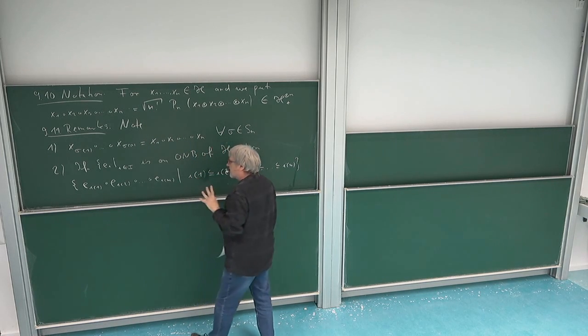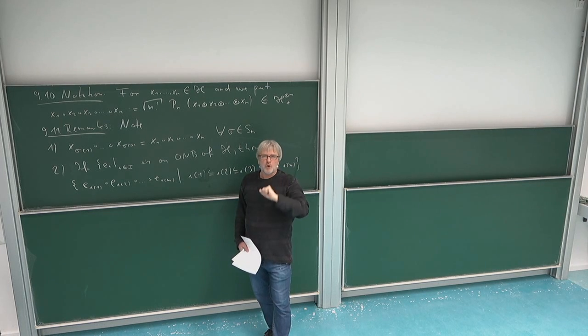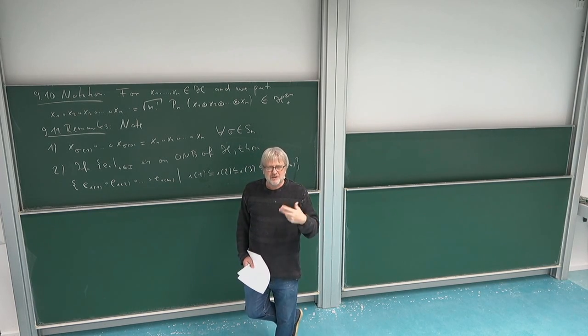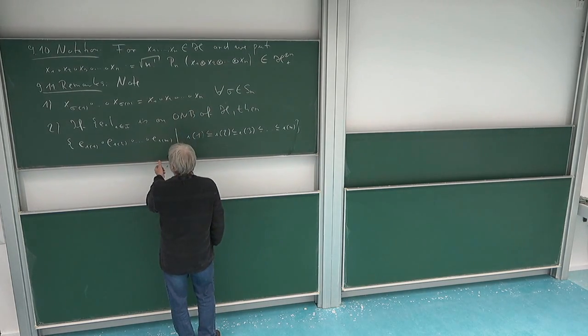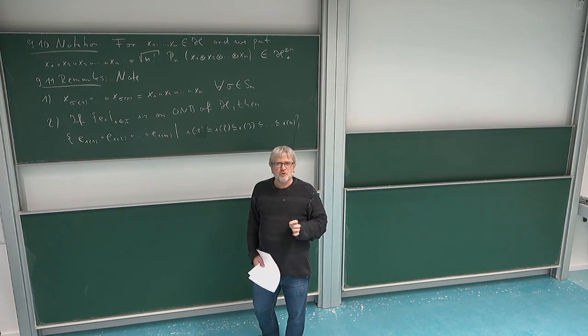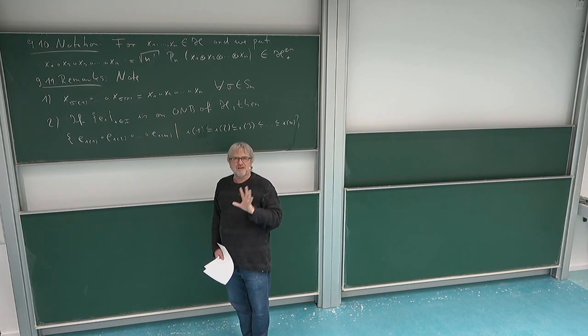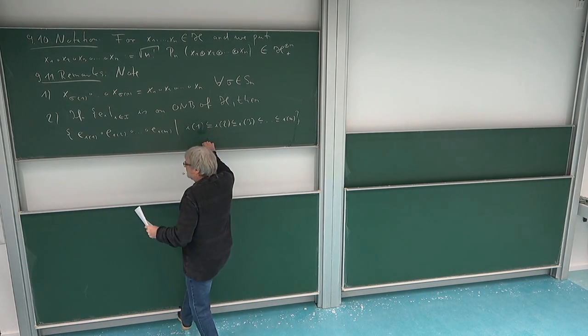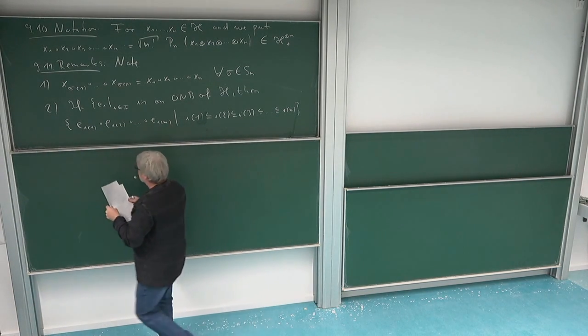I'm getting a basis which is not an orthonormal basis, it's only an orthogonal basis. But for most things this is still good enough, and the advantage is that in this notation the creation and annihilation operators don't need square roots of n numbers in front of them, but they are somehow hidden here.